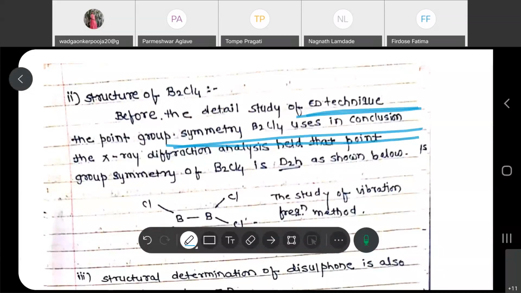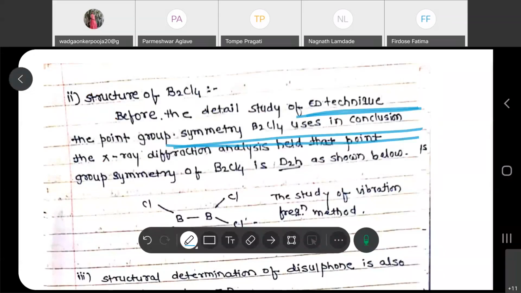Let me come to the point where I was: the electron diffraction technique is useful to give the symmetry of the B2Cl4 molecule, and it is used in the conclusion, together with X-ray diffraction analysis.